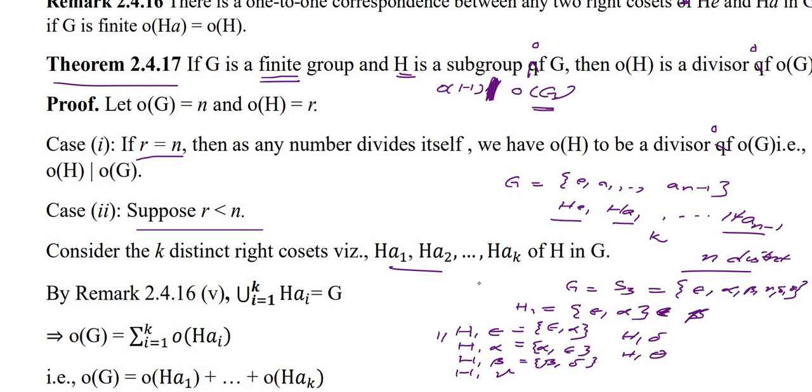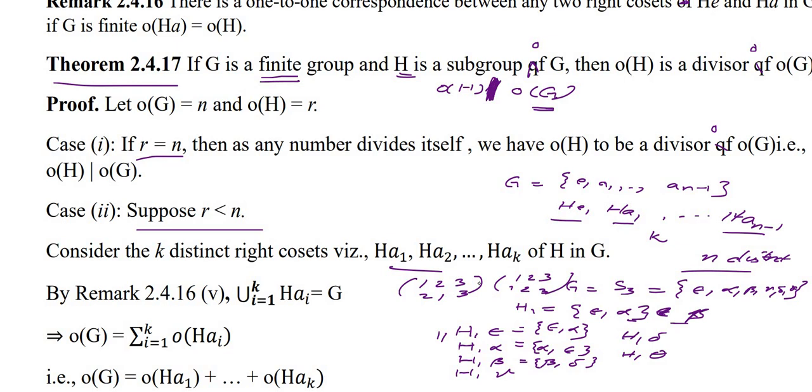We want to know what is alpha composition beta. So 1, 2, 3. For alpha, 3 is fixed, so 2, 1 is what we have. And for beta, we know that 2 is fixed.